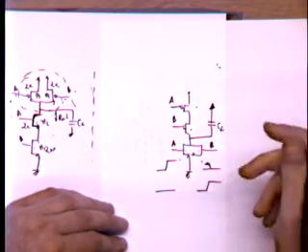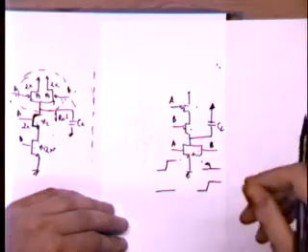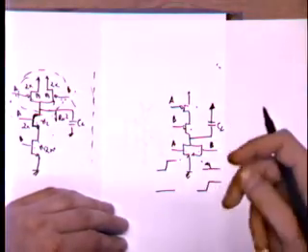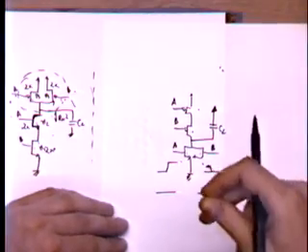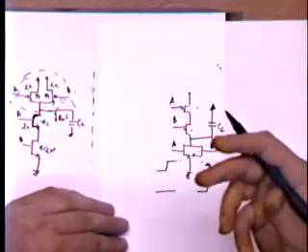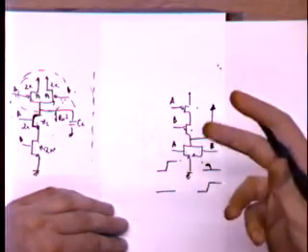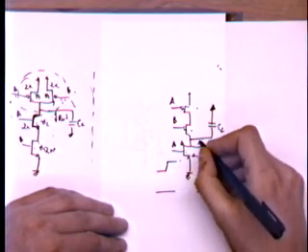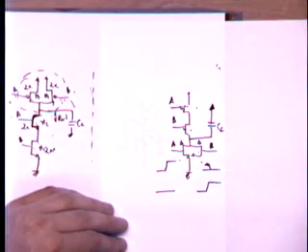And therefore, the pull-down strength is going to be the same as the pull-down strength of a single device. Or in other words, the equivalent resistance of the pull-down network is going to be just the Rn of the MOS transistor. If we, again, try to equalize this to our reference inverter, we end up with this is 1x and this is 1x, right? So that they have the same strength.